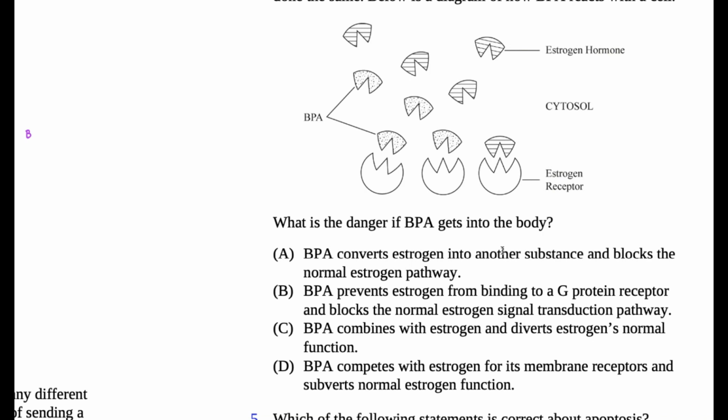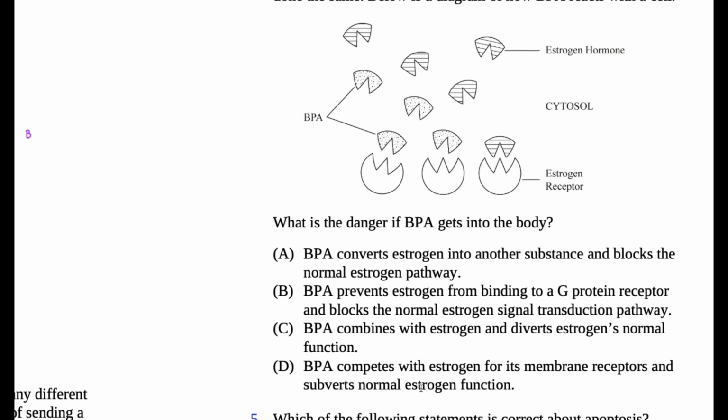BPA prevents estrogen from binding to the G protein receptor and blocks the normal estrogen signal transduction pathway, which is actually not really true because you see that the BPA bonds with the receptor, but it doesn't prevent the estrogen specifically from bonding with the receptor. BPA combines with estrogen and diverts estrogen's normal function. It's also wrong because it doesn't combine with estrogen here. You cannot see that in the diagram.